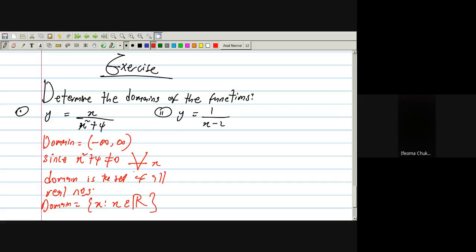Second one. It's not equal to 0, equal to 2. So the domain for that one is just not equal to 2. How do I write it now?